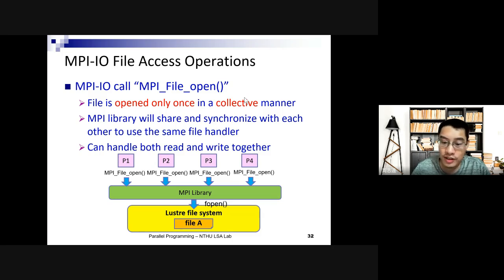So the file system will think the file is only opened by one process. The file handler from your file open operation will then be passed and managed by the library to share between those MPI tasks, so they can all operate on the file through that single file handler.